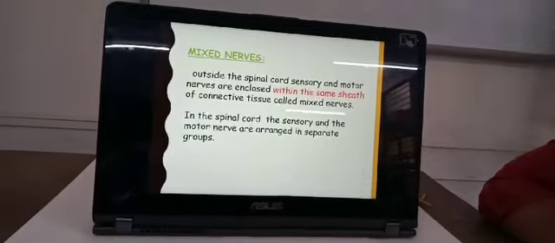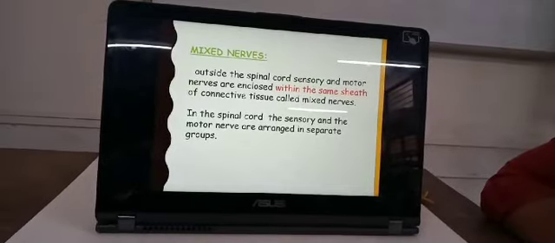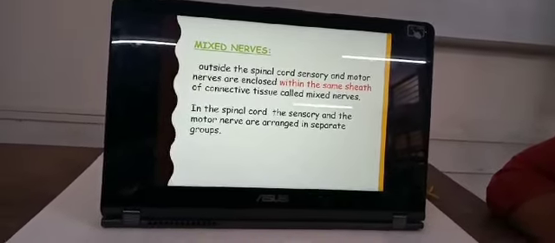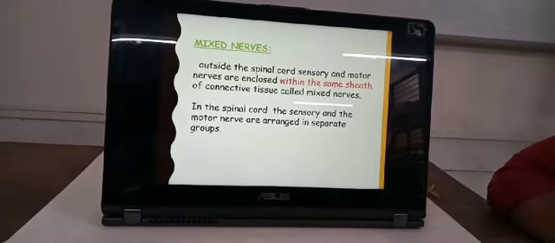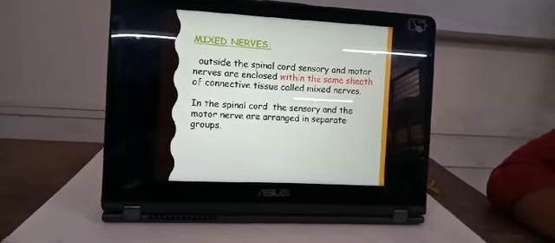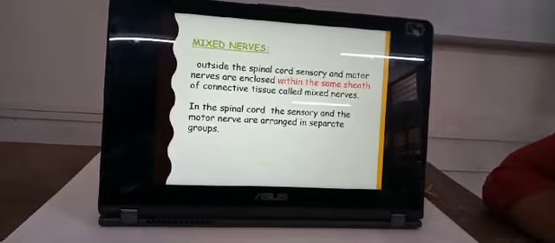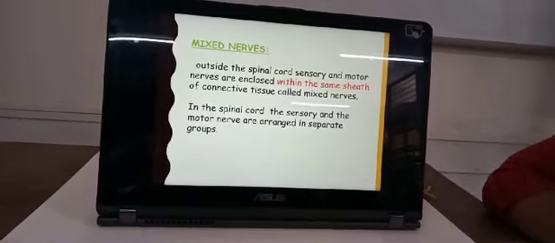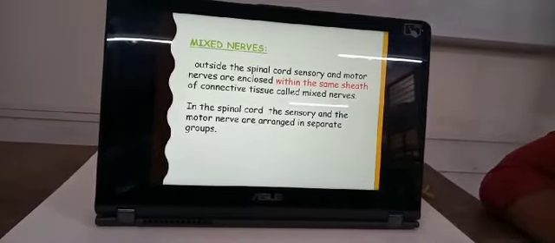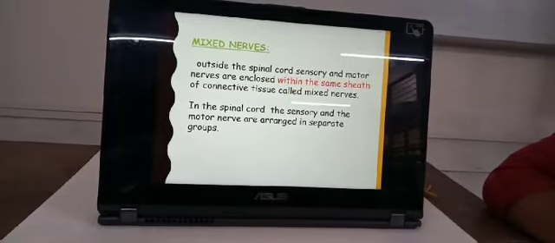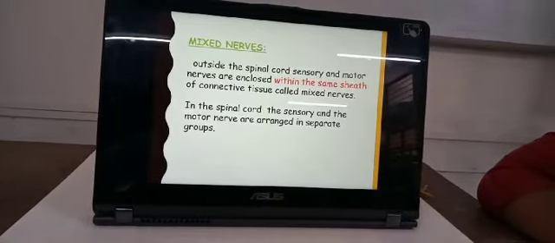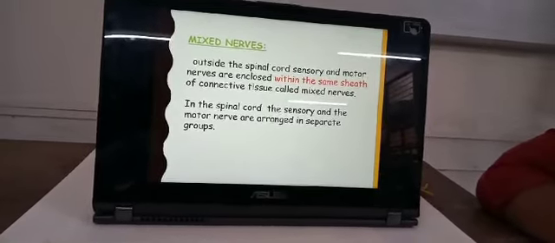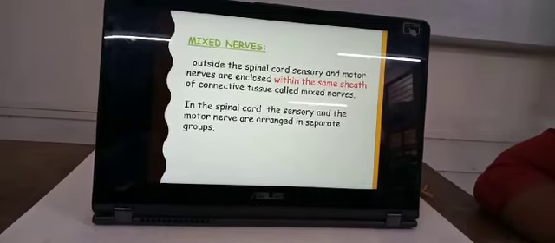Outside the spinal cord, sensory and motor nerves are enclosed within the same sheath of connective tissue called the mixed nerves. Inside the brain, inside the spinal cord, there are separate nerve tracts or separate nerve fibers for sensory nerve and for motor nerve.